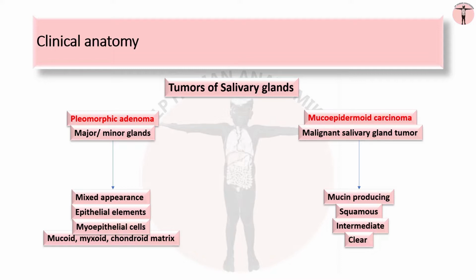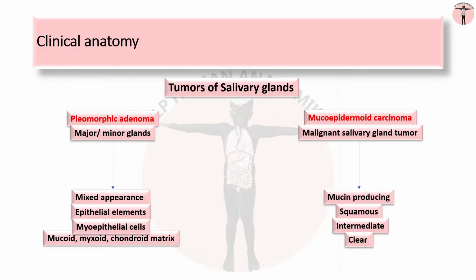So with this we come to the end of the salivary glands. To recap, we have discussed the general structure of the salivary gland in part 1, and in this second part we discussed the classification of the salivary glands and the details of each salivary gland, concluding with the clinical anatomy of the salivary glands.